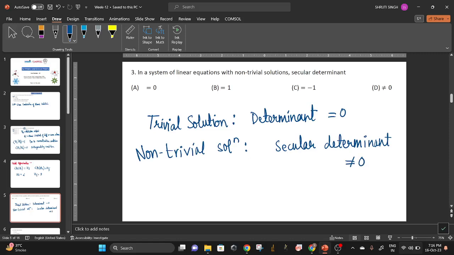In general, from the mathematics concept, we say non-trivial solution means that the determinant of the matrix is not equal to 0, and for trivial solution it is equal to 0. So here the answer is D, not equal to 0.